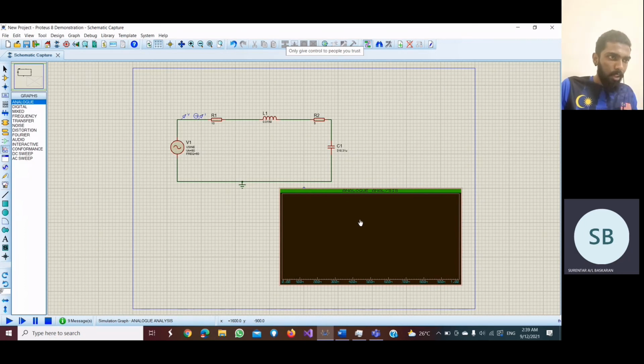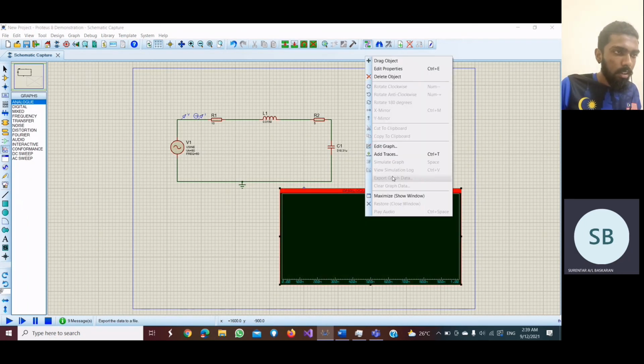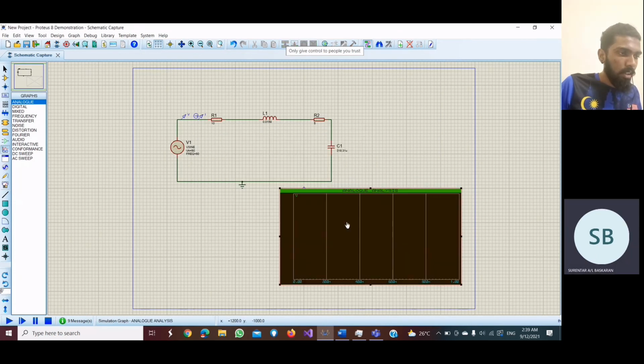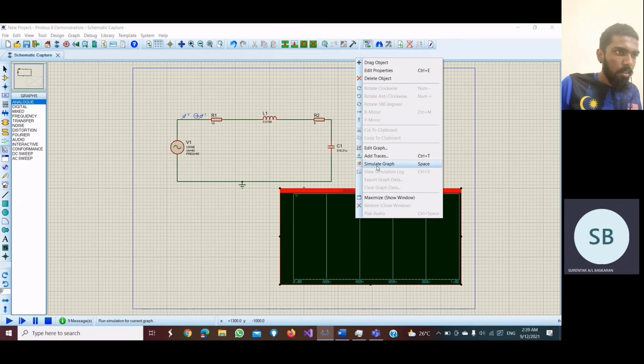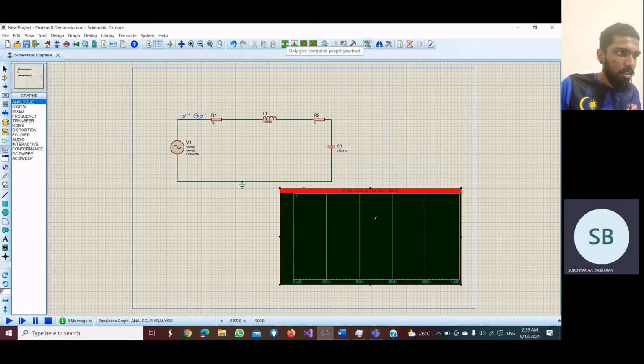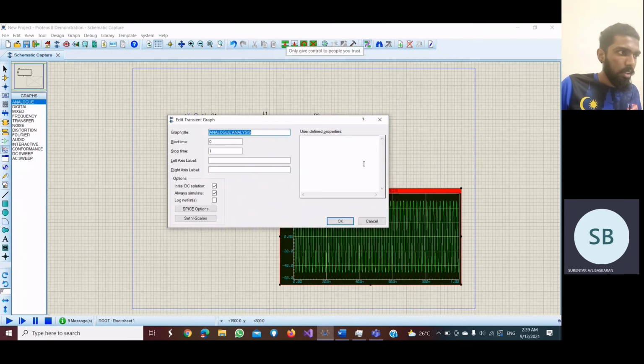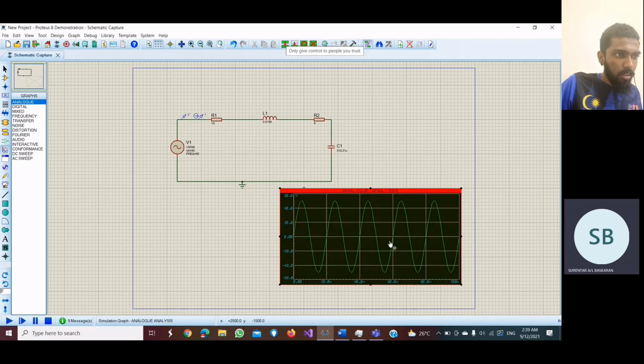Then we right click over here, press add traces, IP1 root P. Okay, we simulate the graph. We need to edit it, change the stop time from 1 to 0.1. Yes.